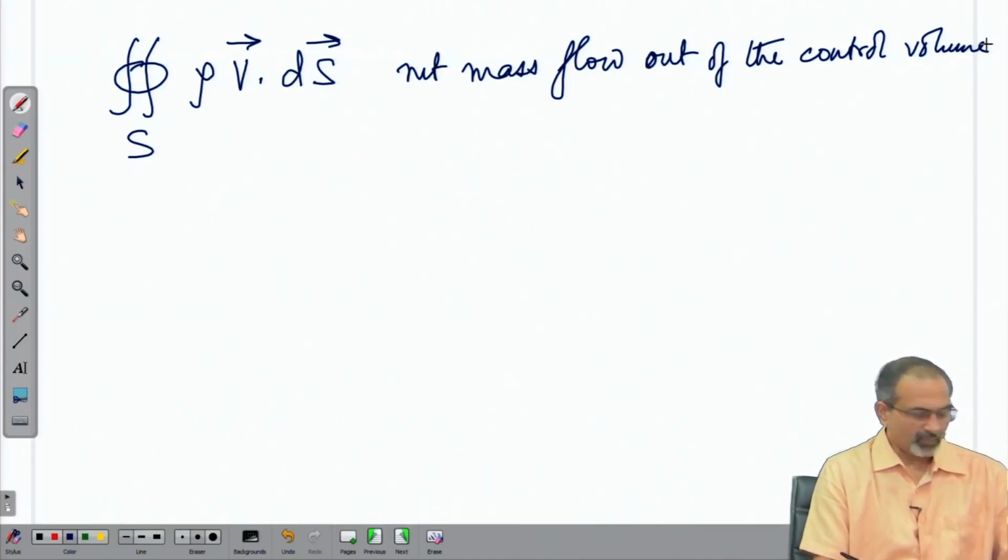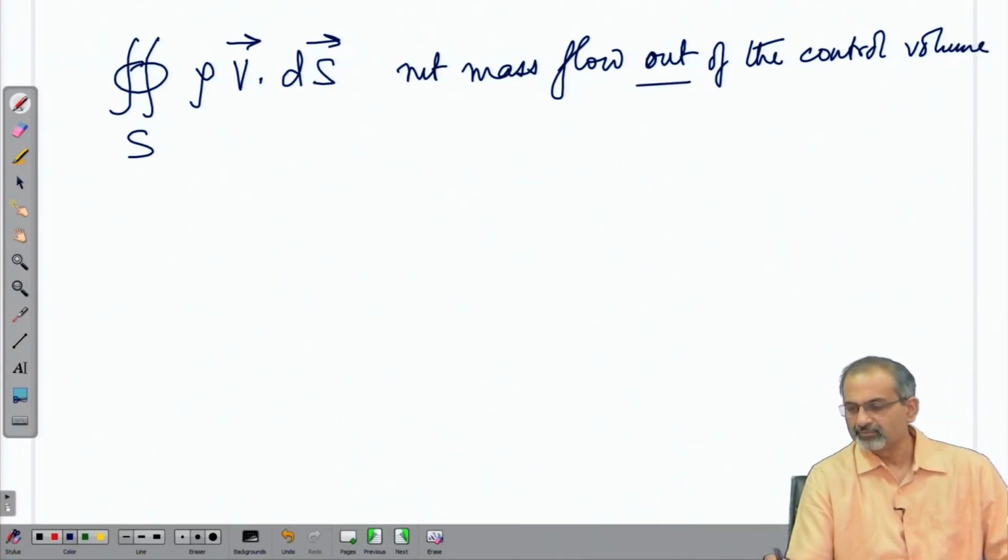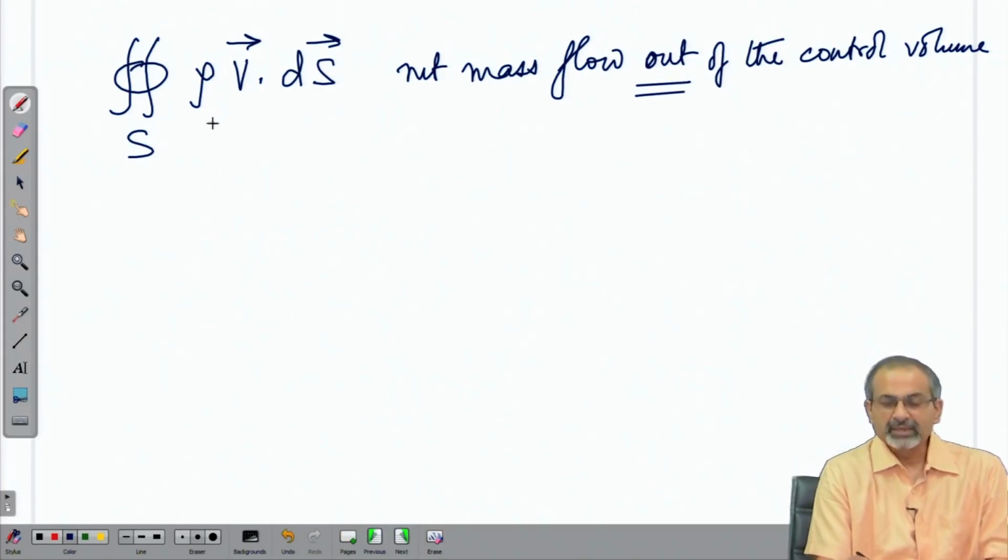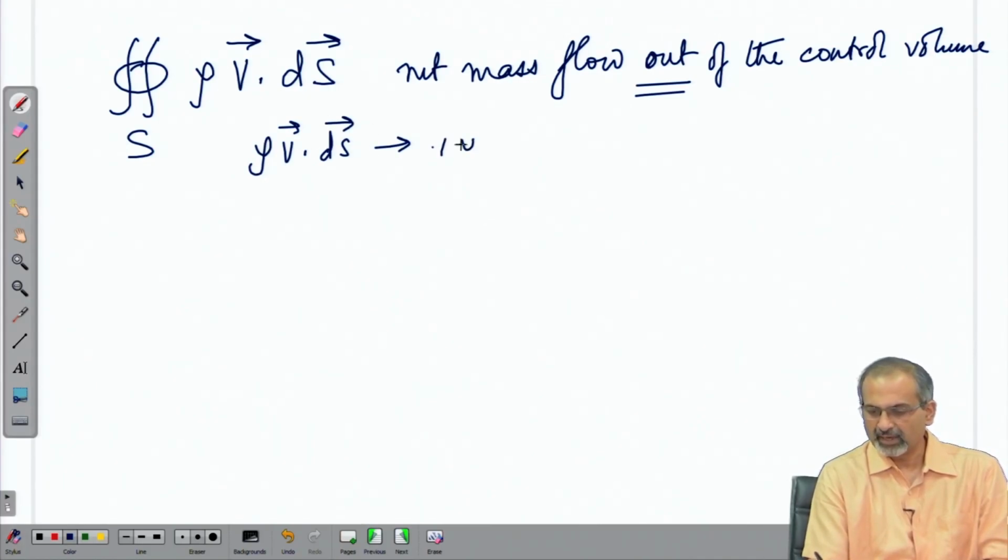Now, why do we say out? As we explained earlier, in certain parts of the control surface this product rho v dot dS will turn out to be positive, and in certain others it will turn out to be negative.